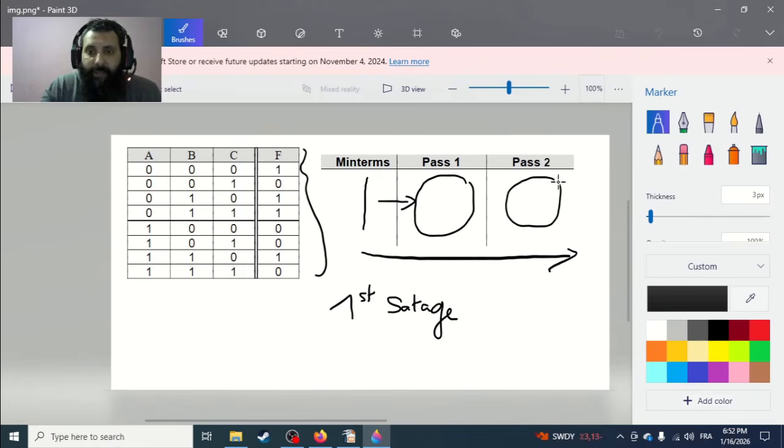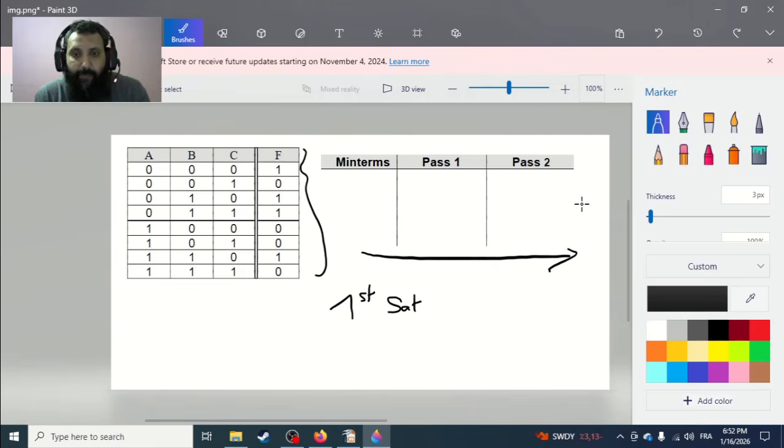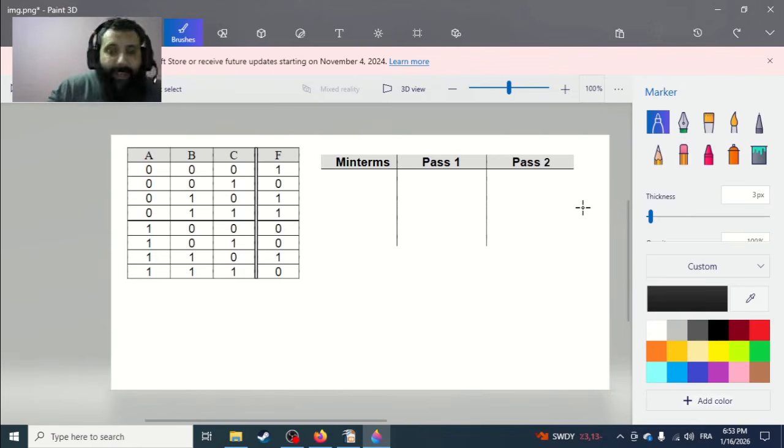In the second pass we have the aggregation of the previous pass, and we get two variables eliminated, the third pass, etc. We will see that the condition to stop is when it is impossible to aggregate anymore. We have as many passes as possible until it's not possible to aggregate anymore.